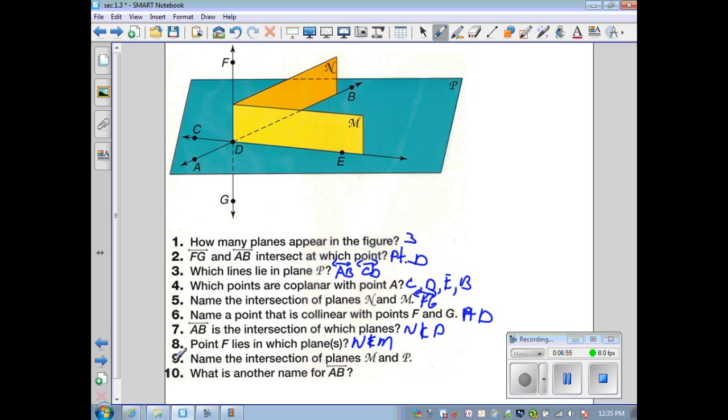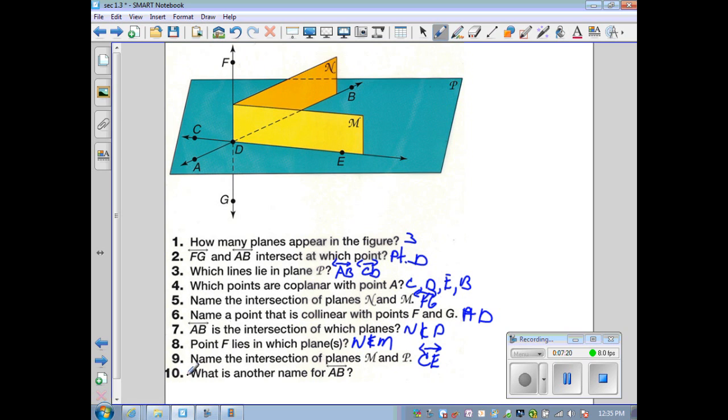9. Name the intersection of planes M and P. Two planes intersect to form a line. Therefore, the intersection of those two planes is line CE. 10.